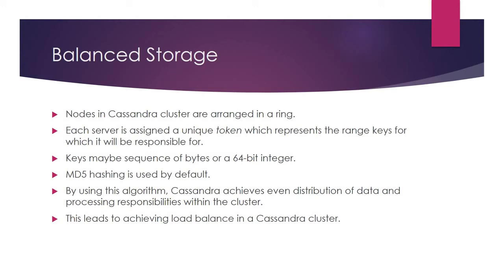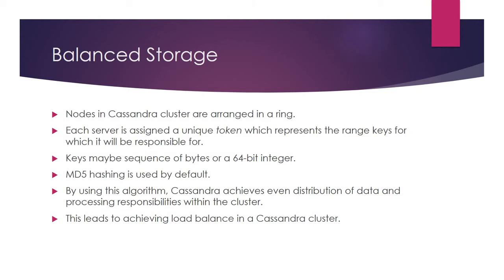It may be an integer or a sequence of bytes, or a 64-bit integer, something like that. However, they are converted into the token domain using a consistent hashing algorithm. When we're implementing a DHT, it is obvious that we're using some hash function, and in this case Cassandra uses MD5 hashing as the default algorithm. If a client or user wants to use any other hashing algorithm for a number of reasons, they can go ahead and use it. It all depends on your application.